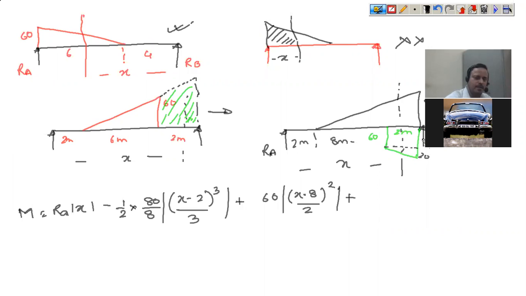Okay, so again it will be half into 20 by 2, into x minus 8 whole cube by 3. So the amount of load that you have added, you have subtracted the same amount. Okay, is it clear?